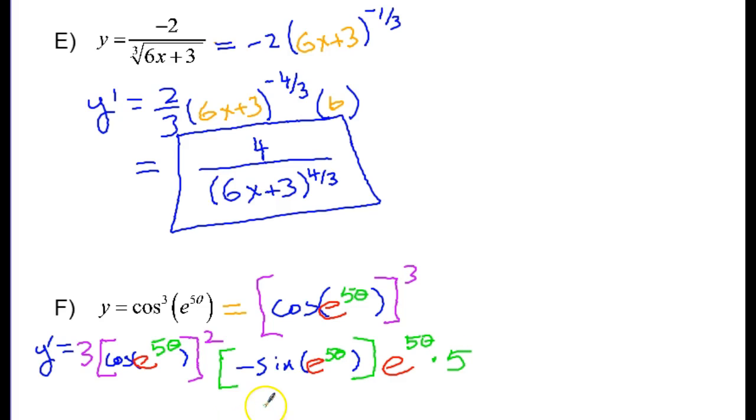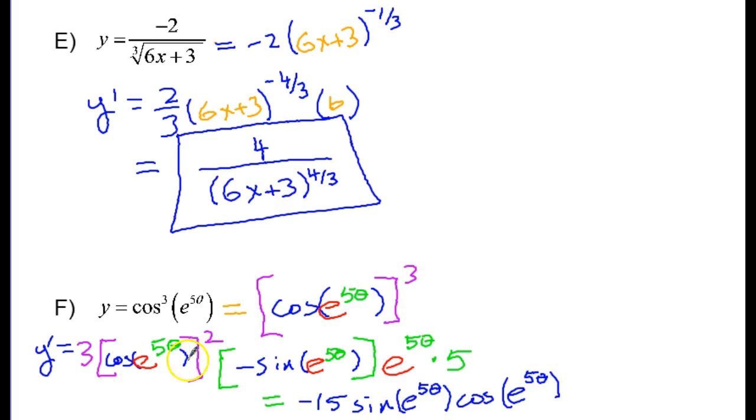All right, now all we need to do is just put all this together and clean it up. And so 3 times 5 is going to be 15, times this negative sign gives me a negative 15, and that's going to be sine of e to the 5 theta times cosine to the 5 theta.